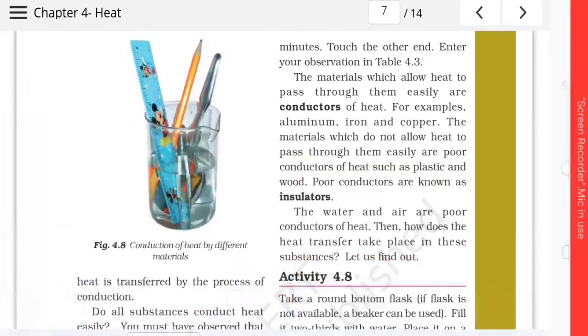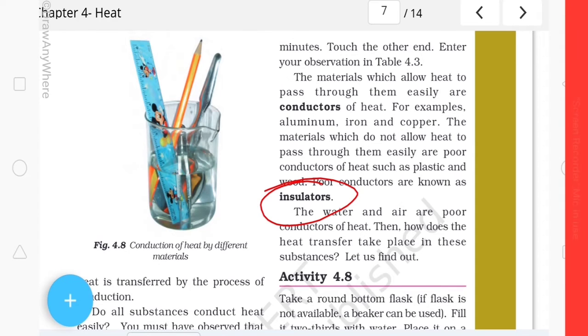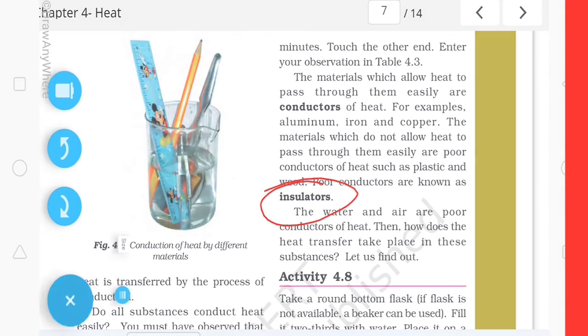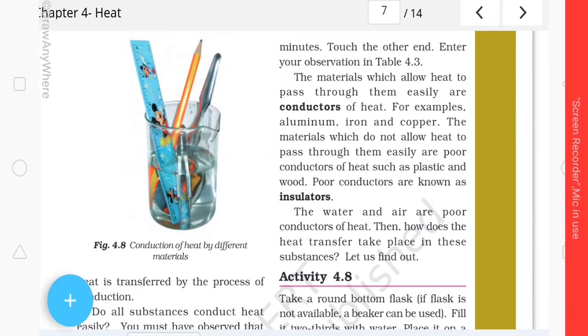These poor conductors are also known as insulators. Insulators do not allow heat to pass through them, and they are poor conductors of heat. The water and air are poor conductors of heat.